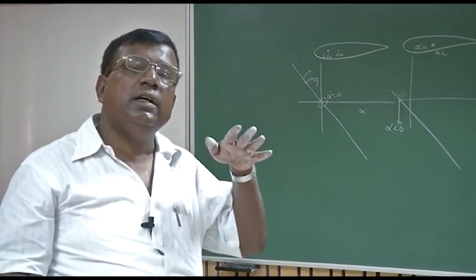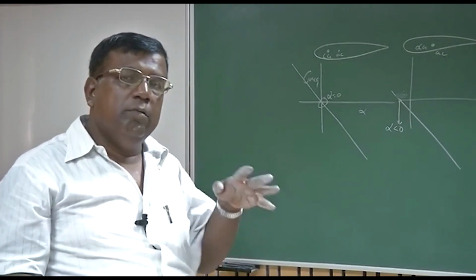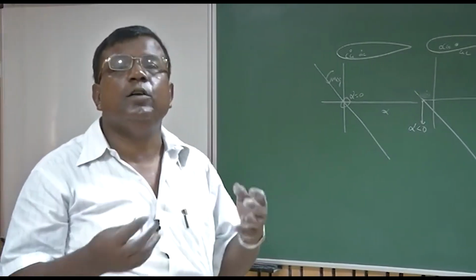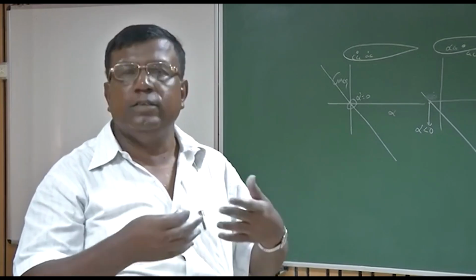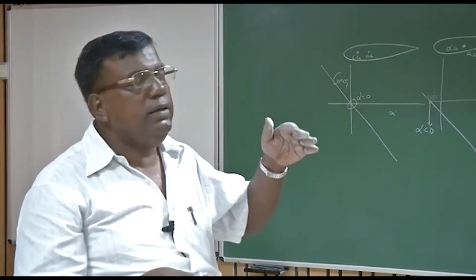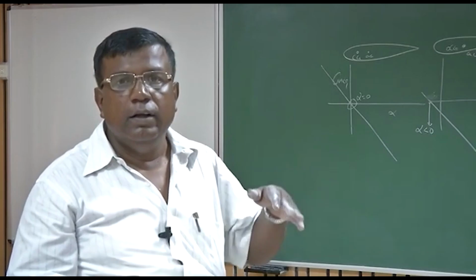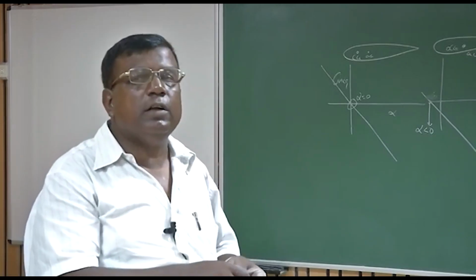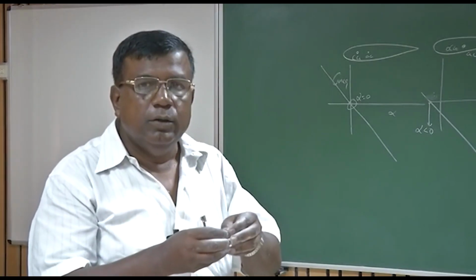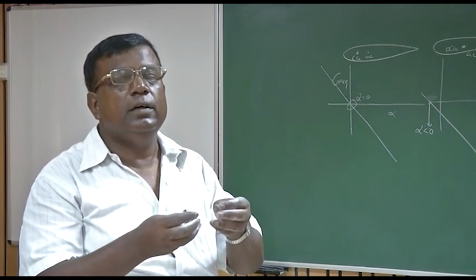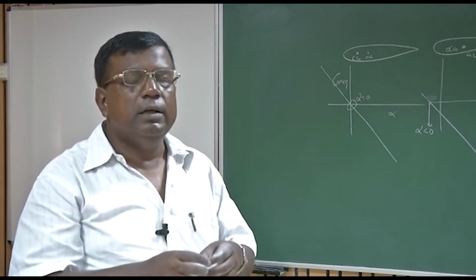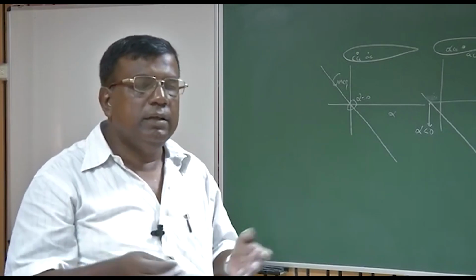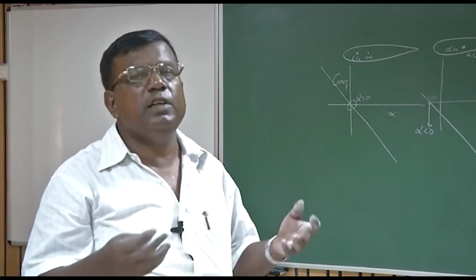You see what happened? We started with a flat plate. We talked about center of pressure behind center of gravity, then statically stable. We graduated towards wing with an aerofoil. From center of pressure, we came to the concept of aerodynamic center, because we want a point where I can represent CL, CD, etc. and moment, and aerodynamic center is the point at which Cm is independent of alpha.